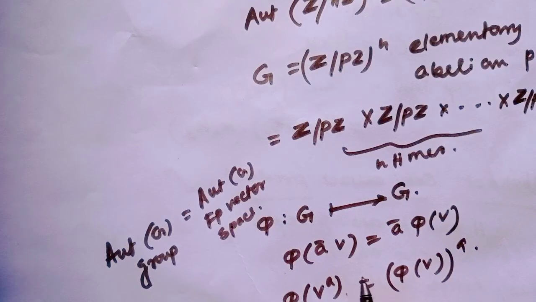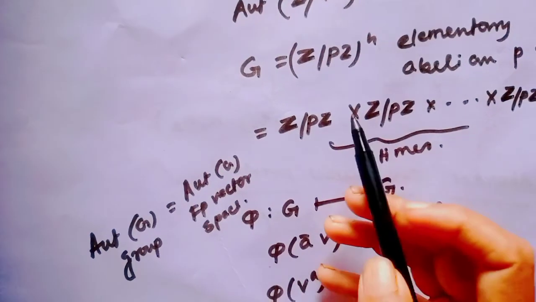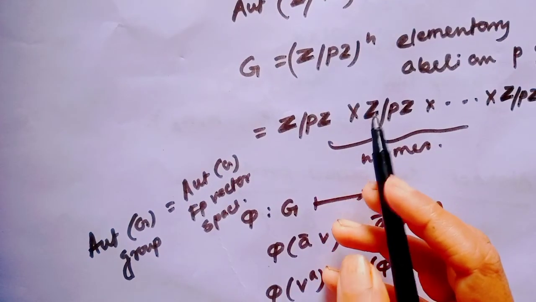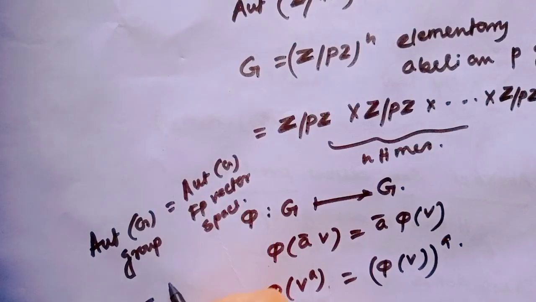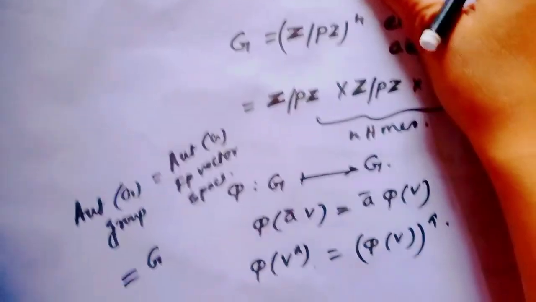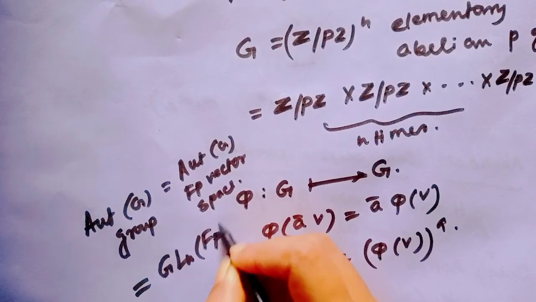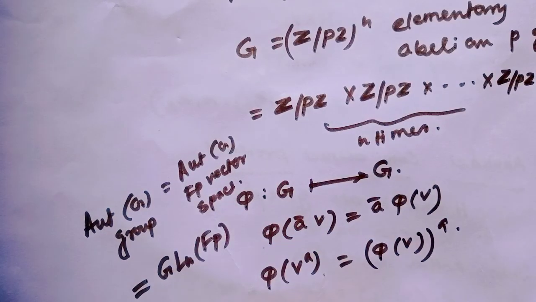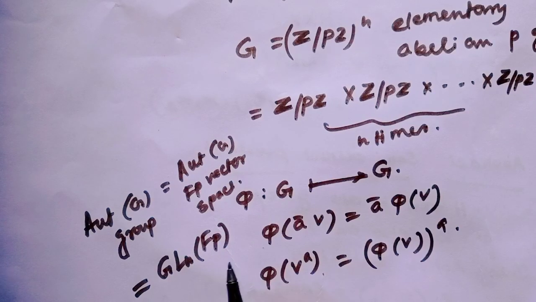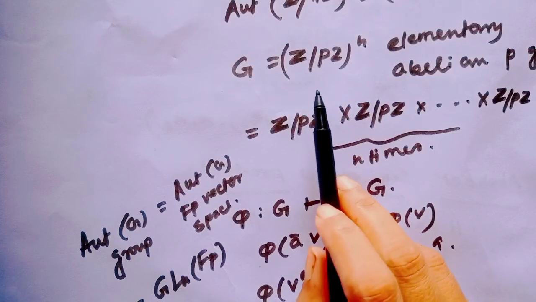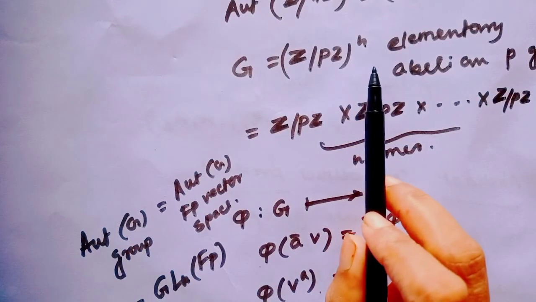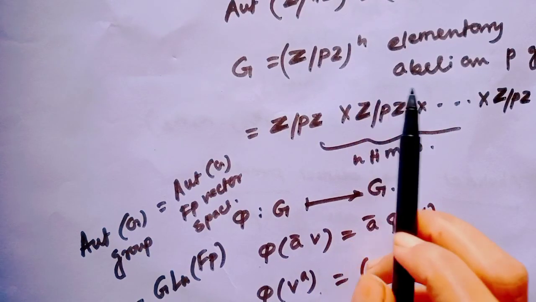And in an Fp vector space, the group Z mod Pz to the power n is similar to GLn with the field Fp. That means this is, we all of us know, the set of all n cross n invertible matrices. Here the field is Fp. And this automorphism group is very important to find the structure of a group.